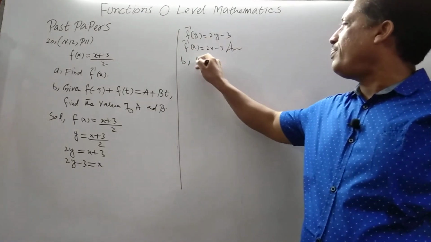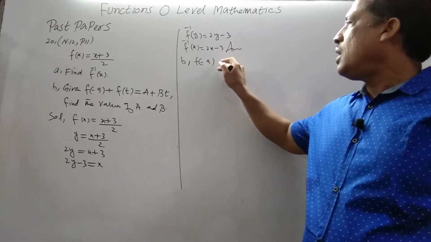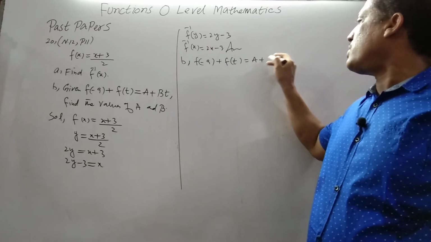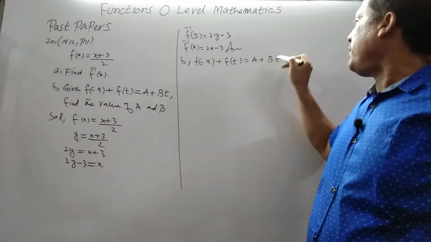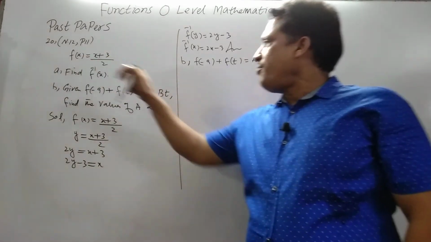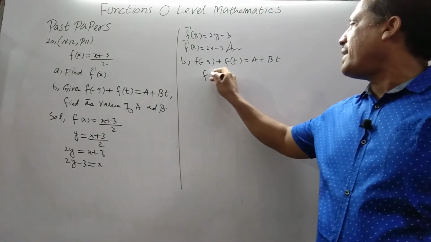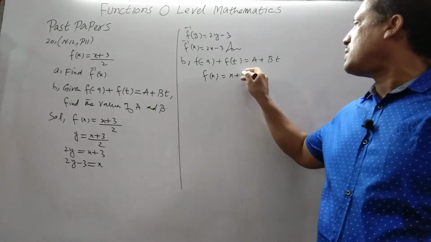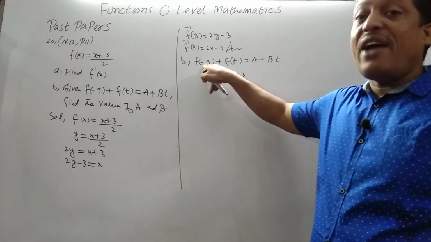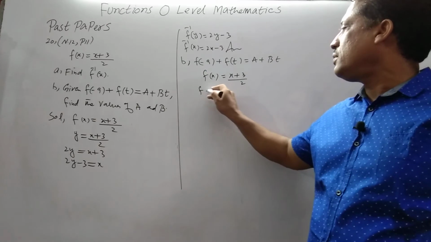f of minus 9 plus f of t equals a plus bt. Students, we are given f(x) is (x plus 3) over 2. So first we have to find f of minus 9.